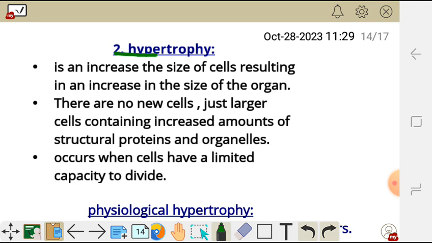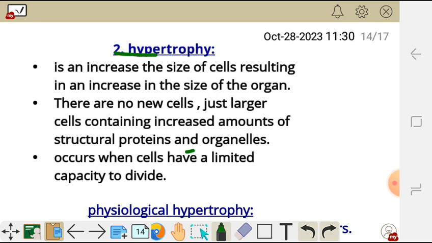There are no new cells formed in pure hypertrophy. Just larger cells. The cells will just increase in size, and they are going to contain an increased amount of structural proteins and organelles.